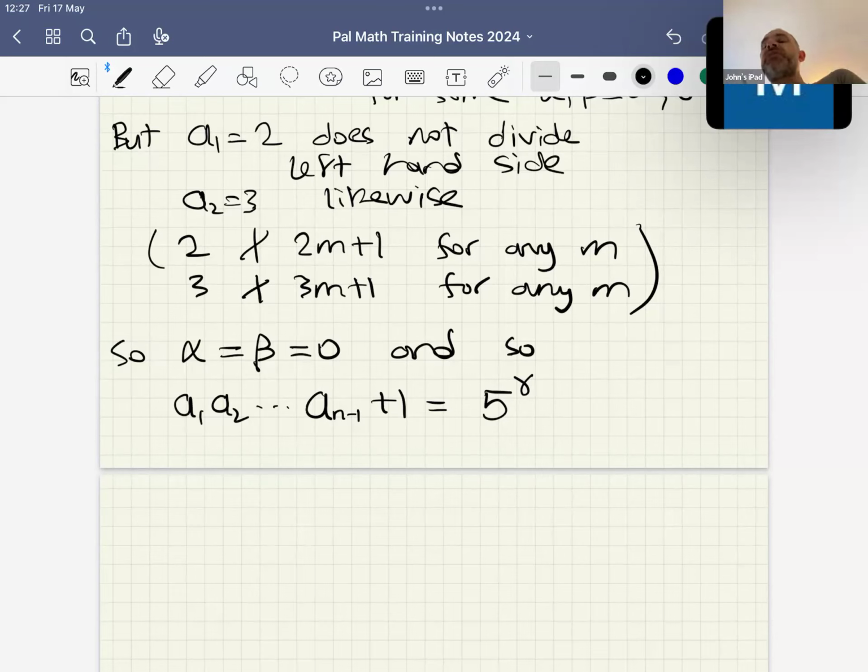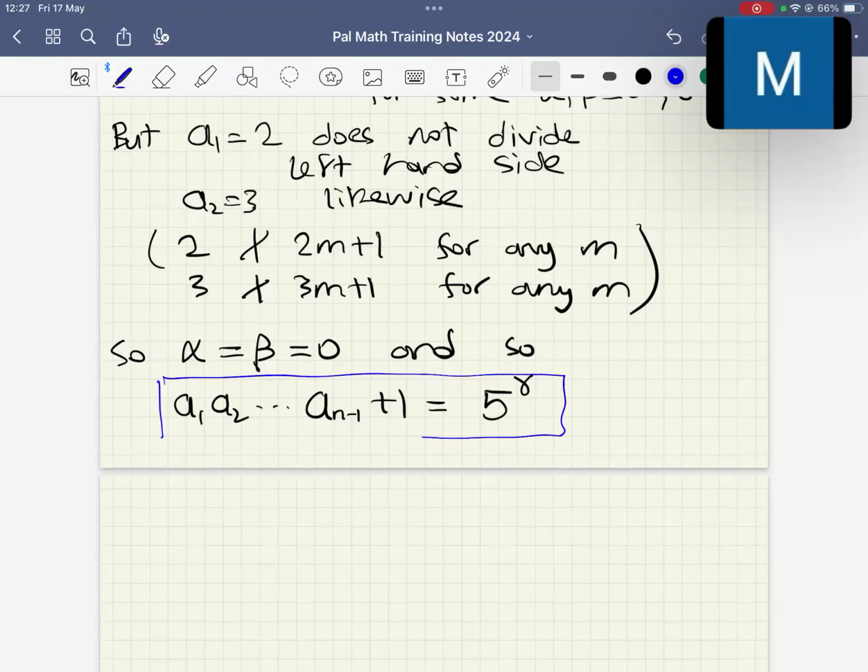So we're trying to get a contradiction. We're trying to show that this is impossible. So we want to prove that 5 is not the largest prime divisor. Yeah, but we actually have more, because now we can consider 5 to the power gamma plus 1 is not divided by 5 to the power gamma. It's not divided by 5.